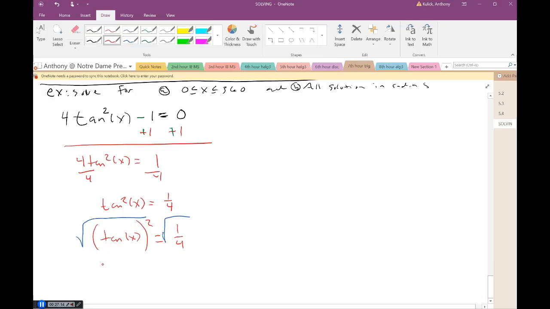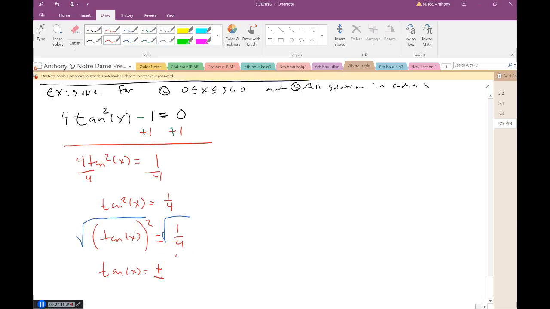We're not in like an honors class here where we're going to deal with imaginary values for trigonometry. Like, no way, Jose. When I square root both sides, though, of an equation, something very important happens that we have to remember that probably 9 out of 10 of us would forget to do. Plus or minus.